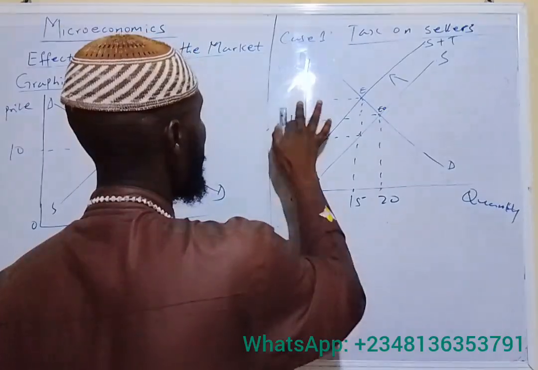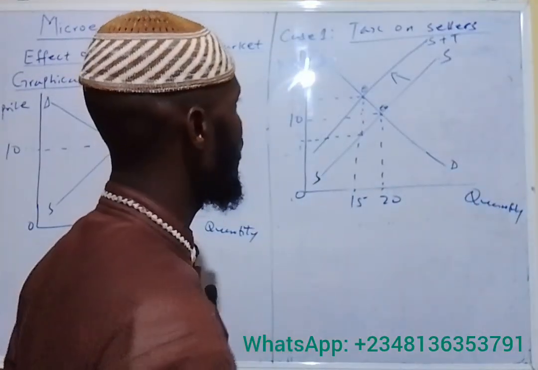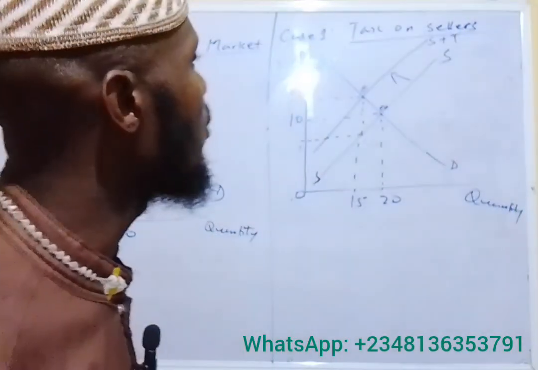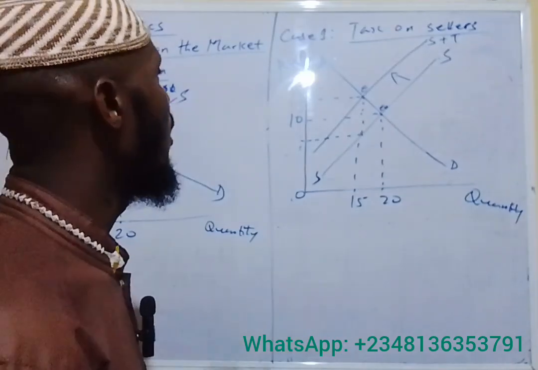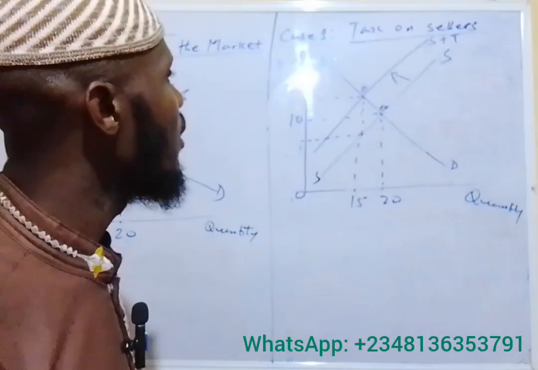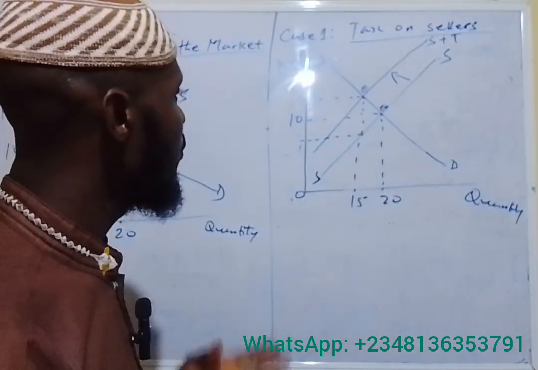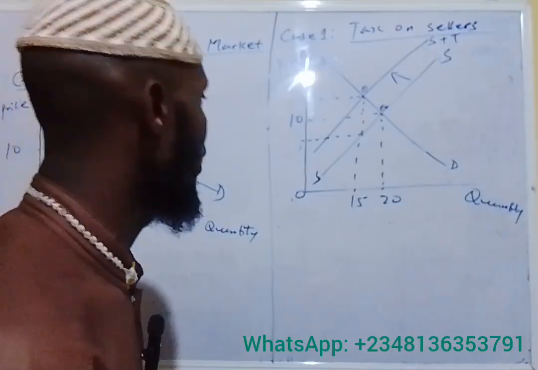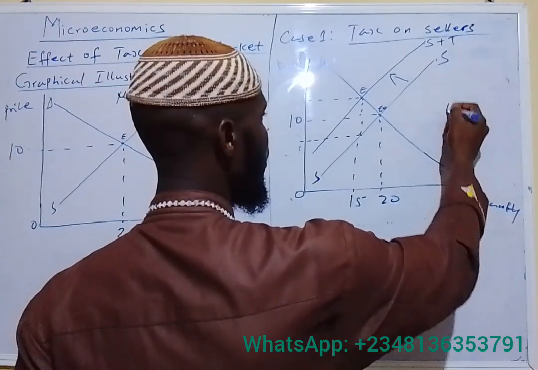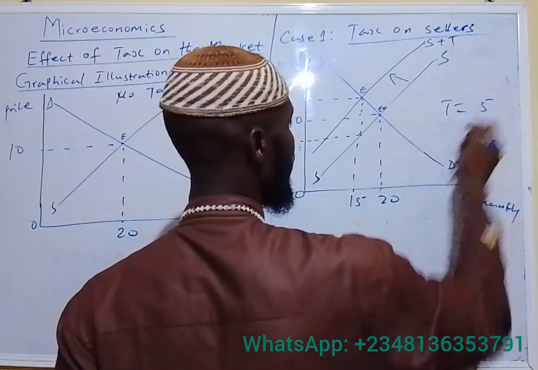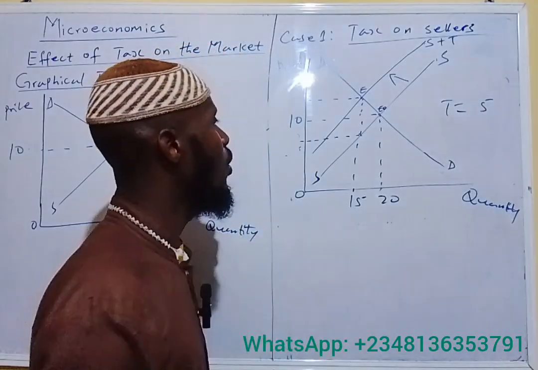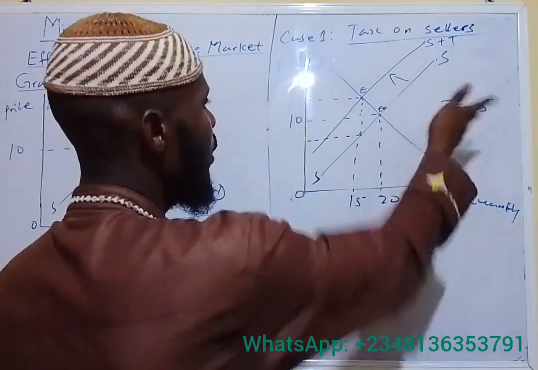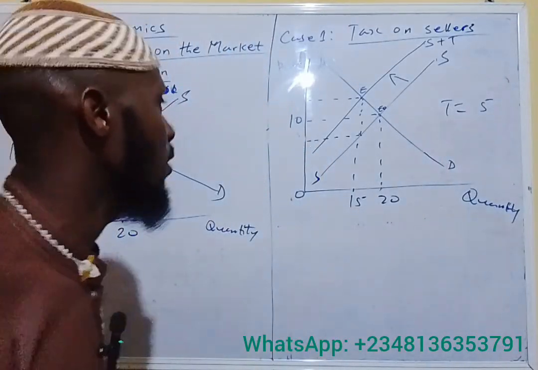Now, let's say the government imposes a unit tax, that is, for every unit of the product sold by a seller, the government charges 5 naira, meaning that the tax per unit T is equal to 5. So who is going to pay this 5 naira tax?